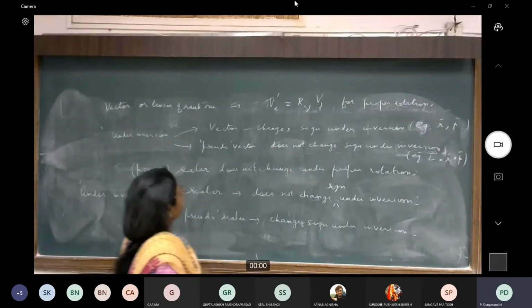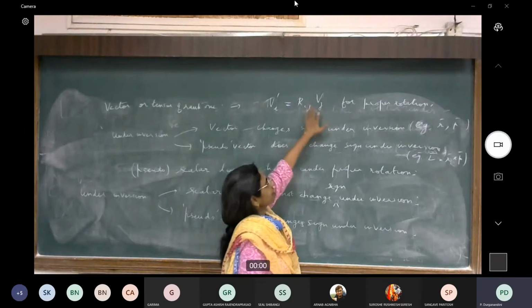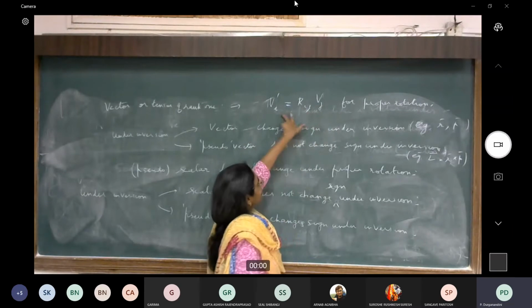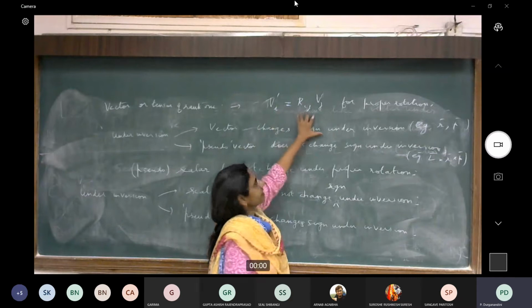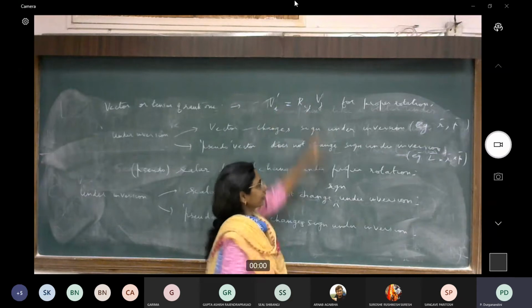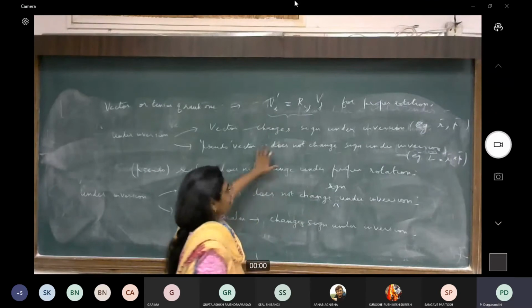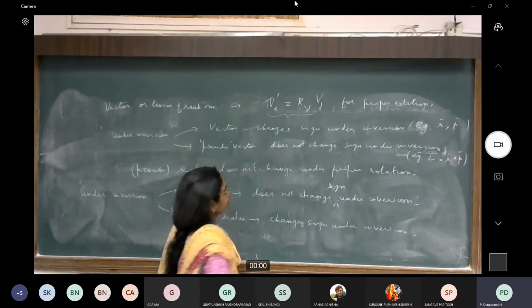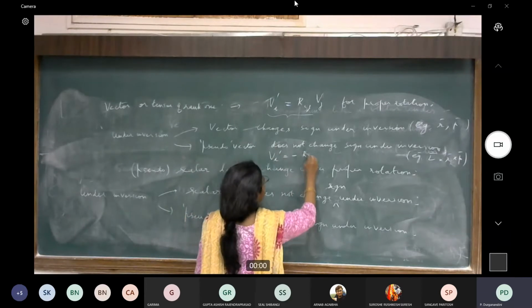For a vector, we found that v i prime should be equal to R ij v j for proper rotation, where the determinant of R is +1. Now for an inversion transformation, for a normal vector, it should still be the same. So for this, the transformation property is still this. But on the other hand, for an inversion, if I take a pseudo vector, then my transformation property should be equal to minus R ij.